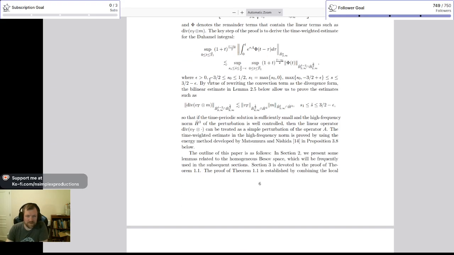Epsilon is greater than 0, s sub 0 is between negative 3/2 and 1/2, s sub 1 is the max of s sub 0 and 0, and s is between the max of s sub 0 and negative 3/2 plus epsilon to 3/2 minus epsilon. By virtue of rewriting the convection term in divergence form, the bilinear estimate of lemma 2.5 below allows us to prove estimates such as this one given here.